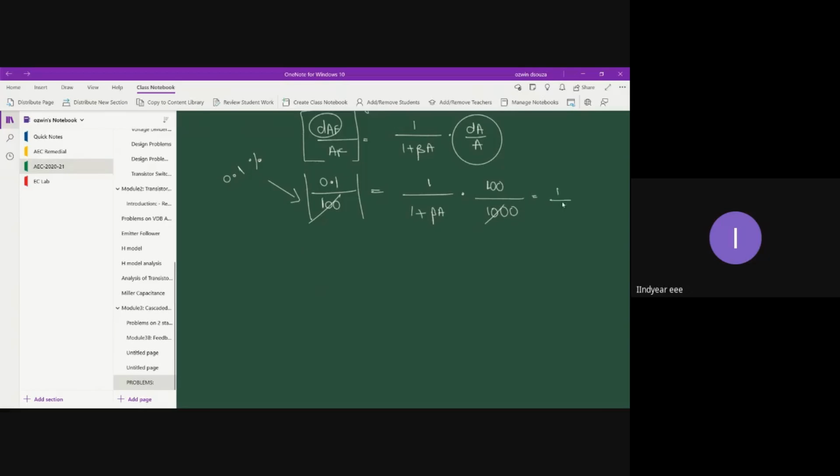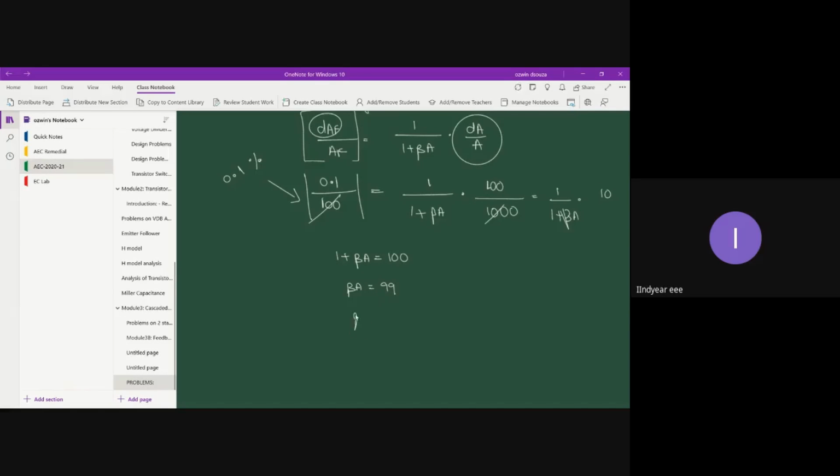So this becomes 1 divided by 1 plus beta A, into 100 by 10, so it is 10. And this comes in the denominator. So basically you get 1 plus beta A is equal to 100, or beta A is equal to 99.